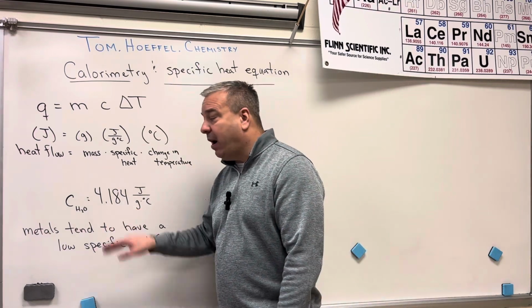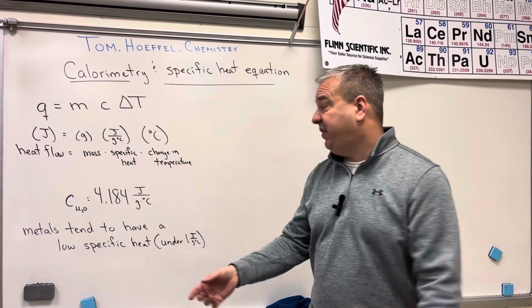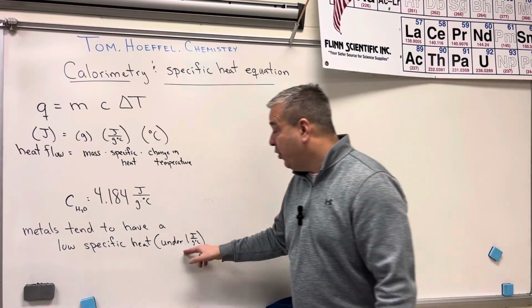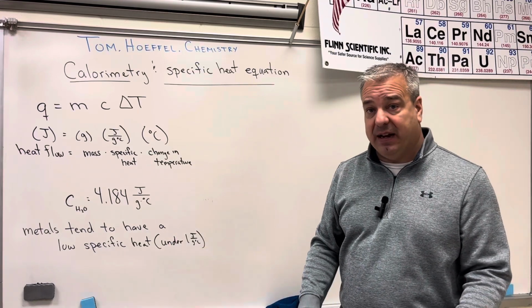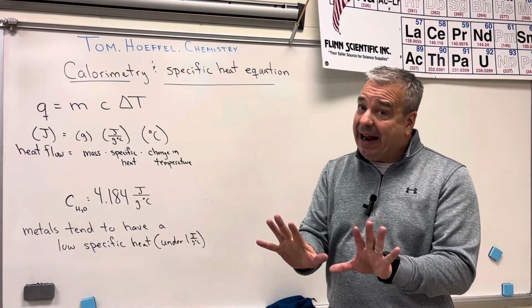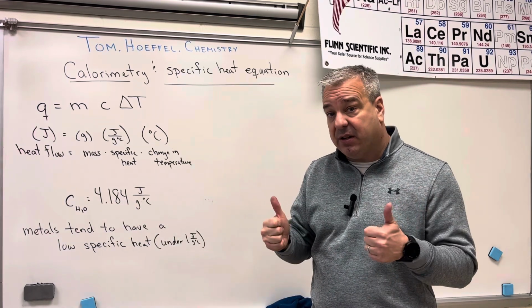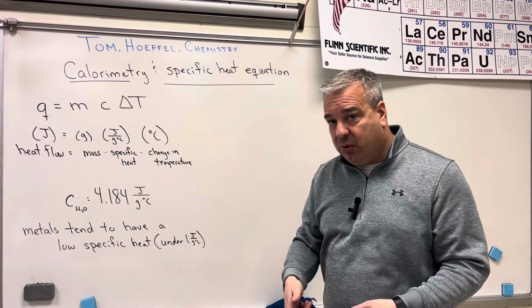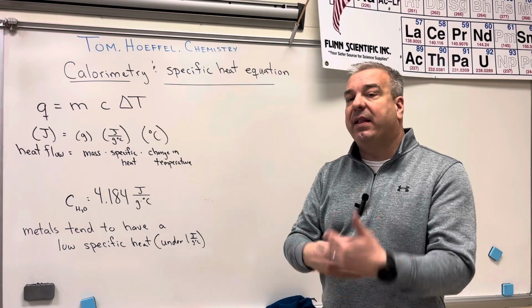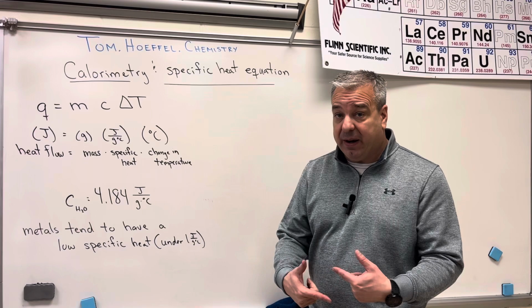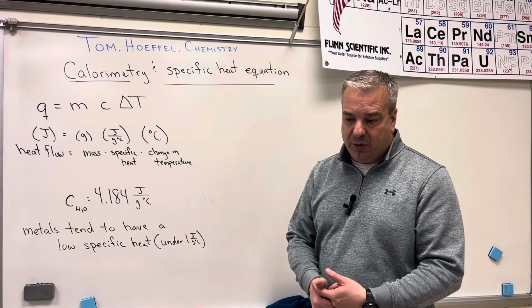Water has a high specific heat of 4.184, so it takes over 4 times the amount of energy to heat it up and cool it down. So water is going to heat up very slowly and cool down very slowly relative to the metal counterpart, which is going to heat up quickly and cool down quickly.